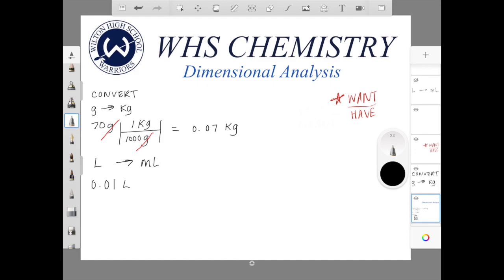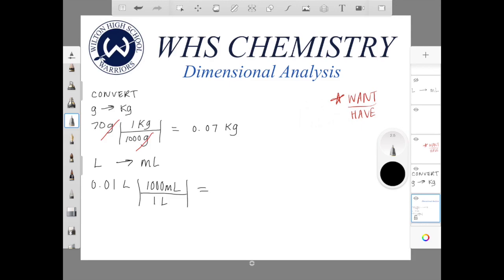We have liters and we want milliliters. How many milliliters are in a liter? We have 1,000 milliliters. That's what we want. And then what we have is on the bottom, and that would be 1 liter. And that's our conversion factor.